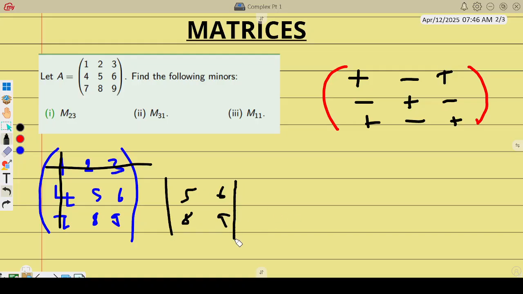If we find the determinant, we have 9 times 5, 45, minus 8 times 6, 48. I found my answer. I hope I haven't lied. This is negative 3. So this is the minor.